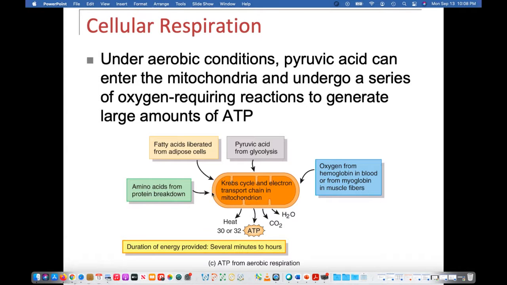From protein, you can get amino acids that can be broken down here and used for fuel. As long as you have oxygen from the hemoglobin in blood and from myoglobin in the muscle fibers, you can form some ATP. You also produce heat, and you're giving off water and carbon dioxide, which is what we exhale.